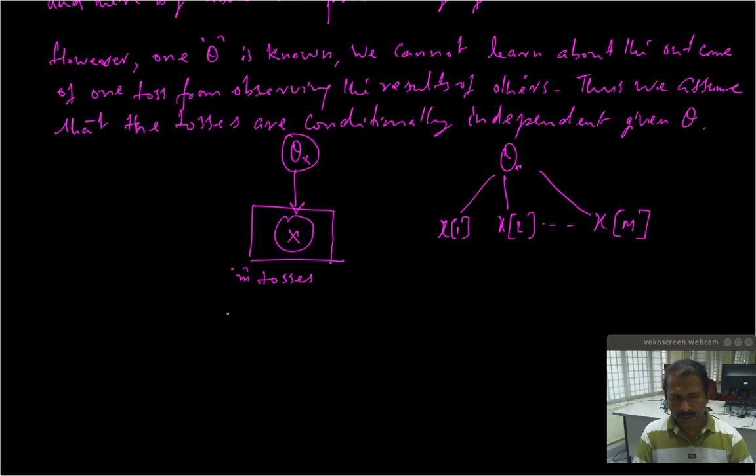So let's start specifying the local probability models in the network.